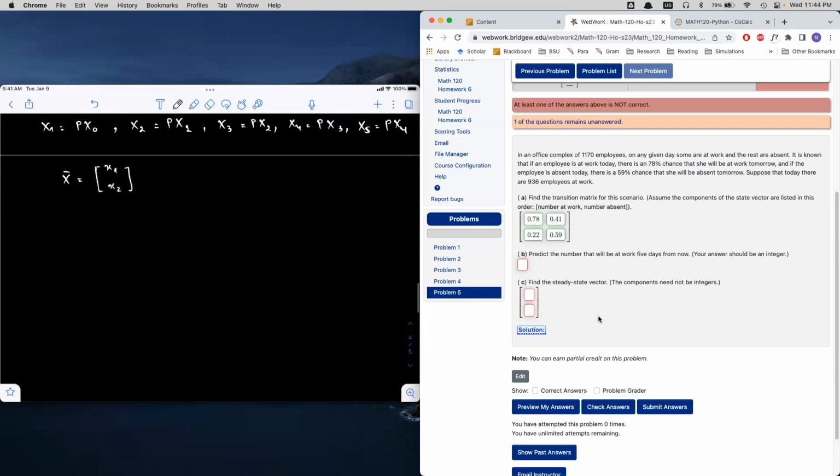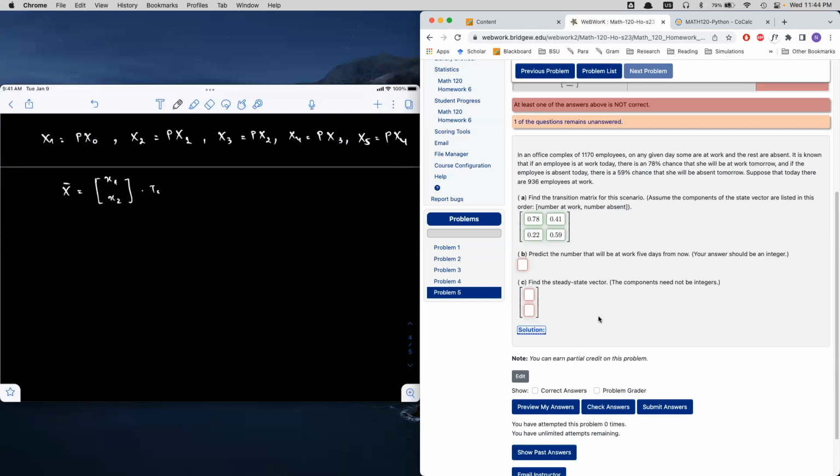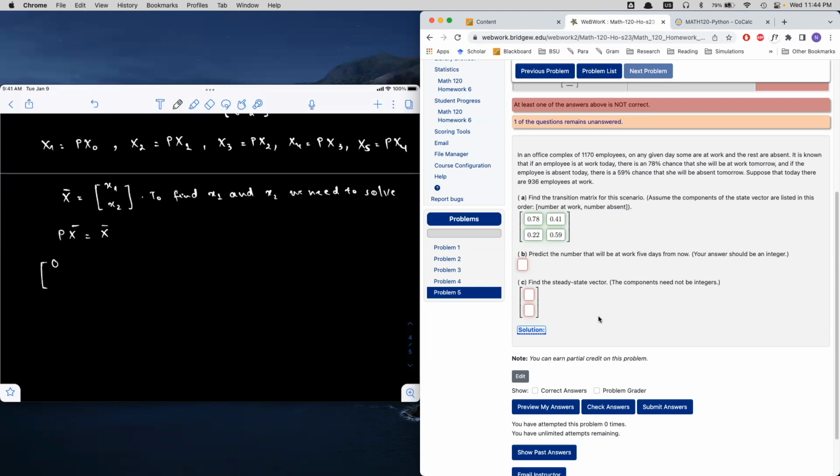And to find x1 and x2, we need to solve the equation p times x bar equal to x bar, given that p is equal to 0.78, 0.41, 0.22, 0.59, times x1, x2 equal to x1, x2.